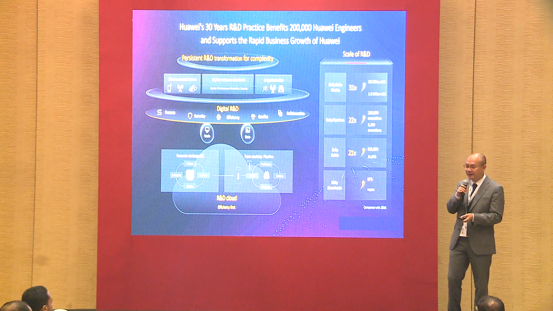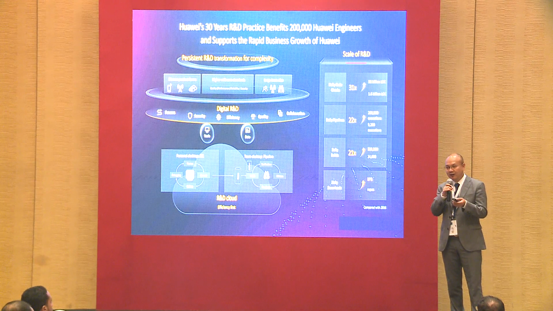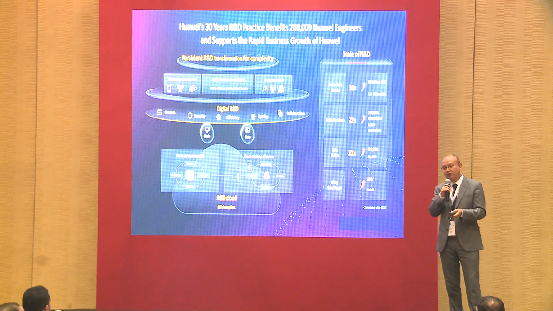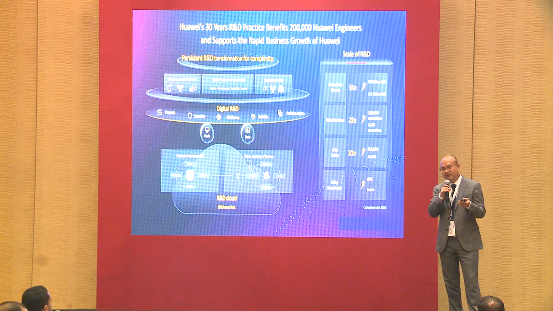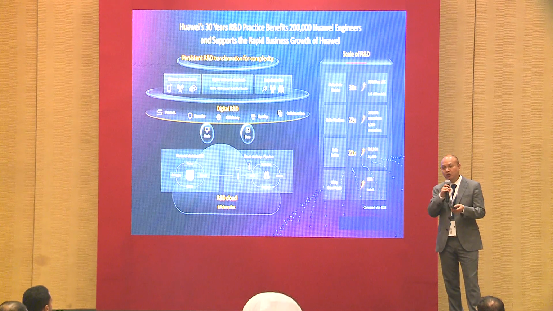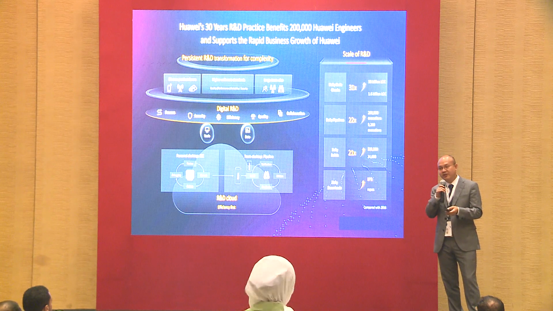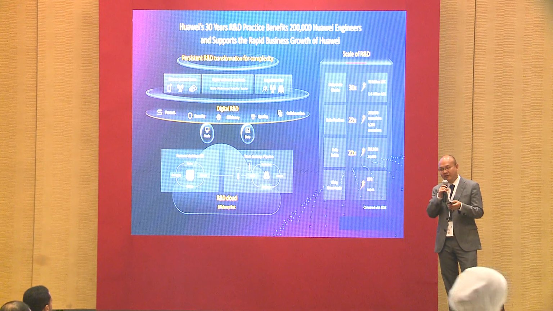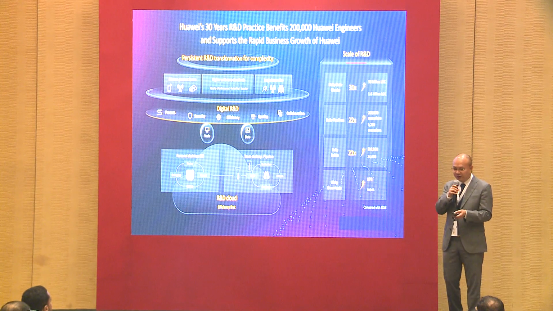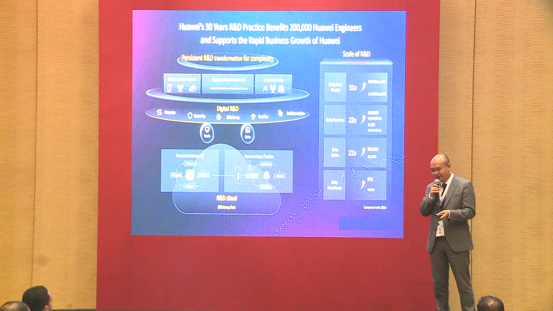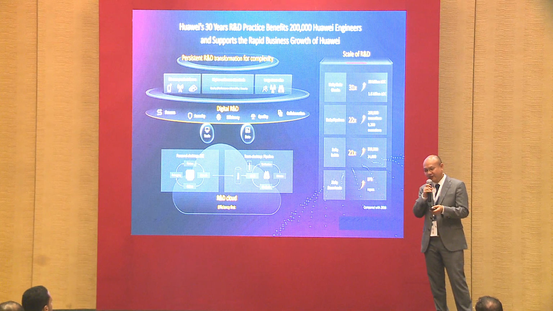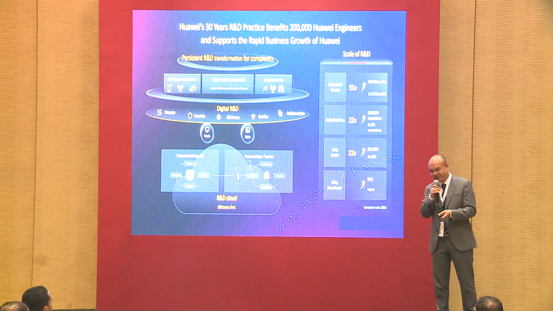HUAWEI has built an advanced digital software platform over the years to help nearly 200,000 engineers improve the efficiency of the R&D team. And the HUAWEI R&D team is focused on security, efficiency, collaboration, and process.